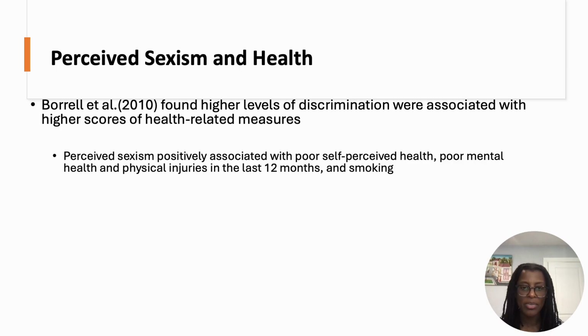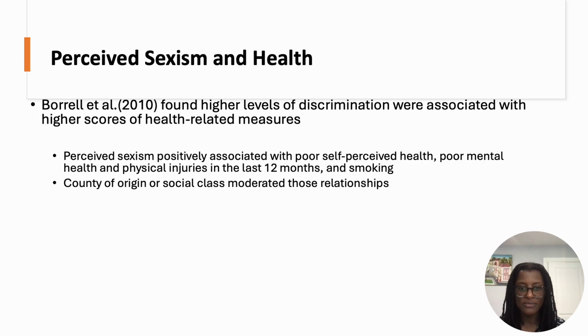And whenever you see a positive correlation, it means that as perceived sexism increases, so do poor health, self-perceived health outcomes, mental health problems, injuries in the past 12 months, as well as smoking. So it's basically a linear relationship.